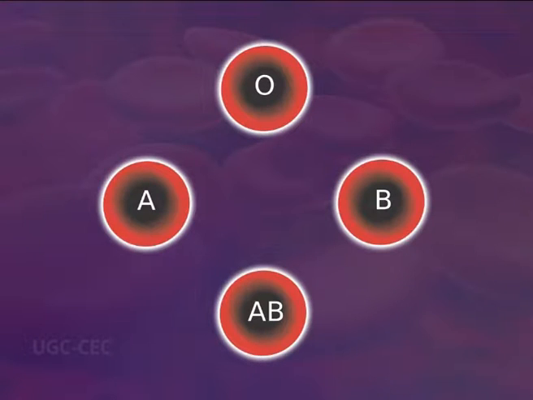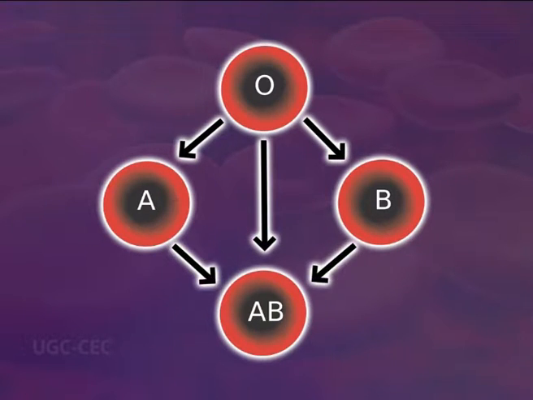Therefore, an individual with type AB blood can receive blood from any group, that is with AB being preferable, but cannot donate blood to any group other than AB. They are known as universal recipient.